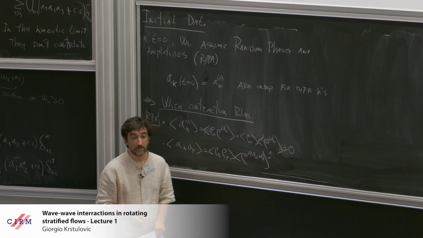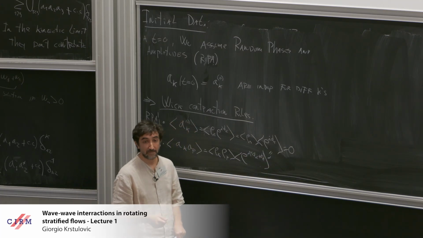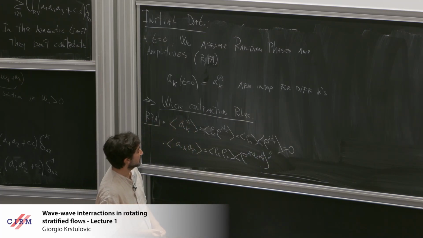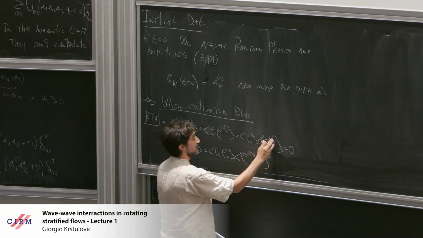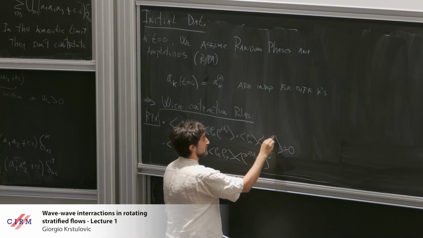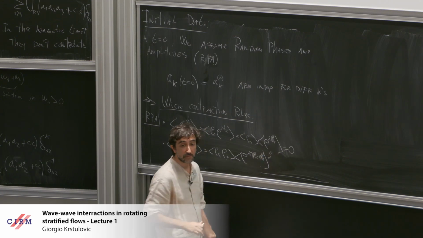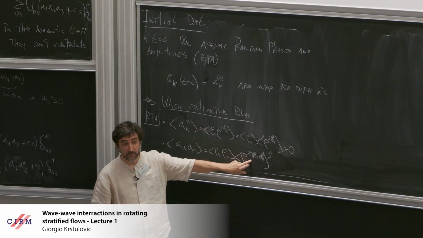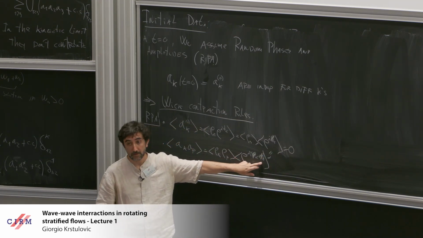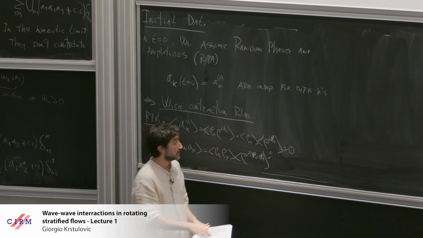Rhos and e's are close cousins. If k is equal to p, then I have 2 times the phase, and if they are different, it's 0.